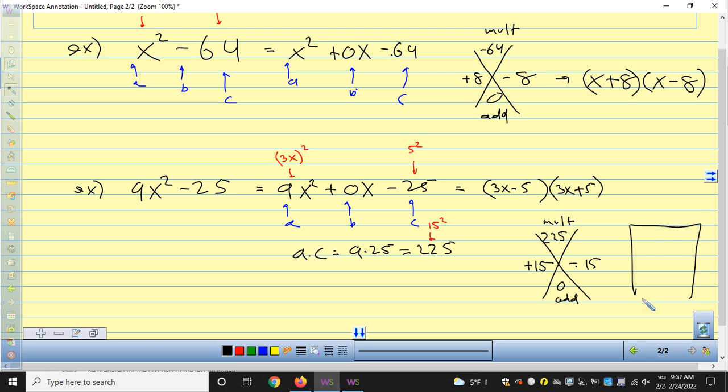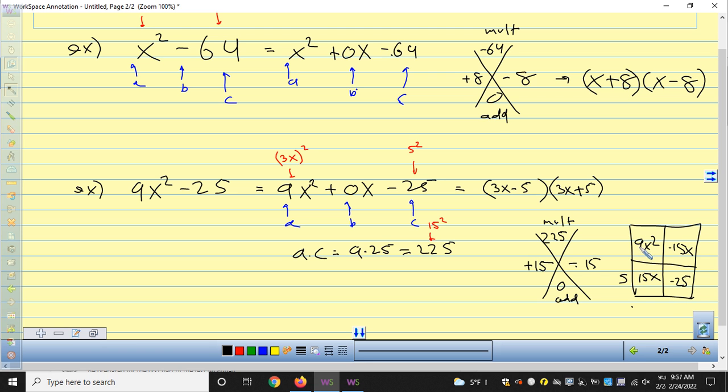And then we set up our box. So we have 9x squared minus 25. Our factors here. Now we get our greatest common factors. The biggest number that goes into both 15 and 25 is 5.